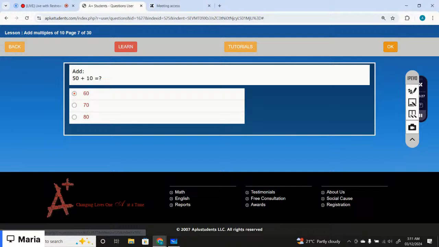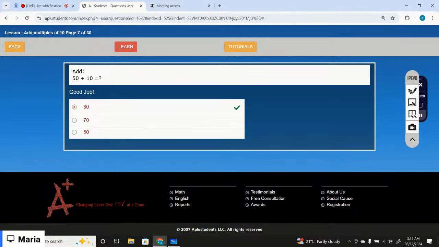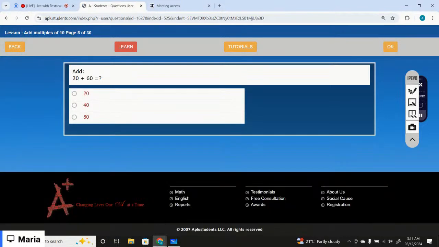Option number 1 is the correct option. 60 plus 20, which is the correct option?